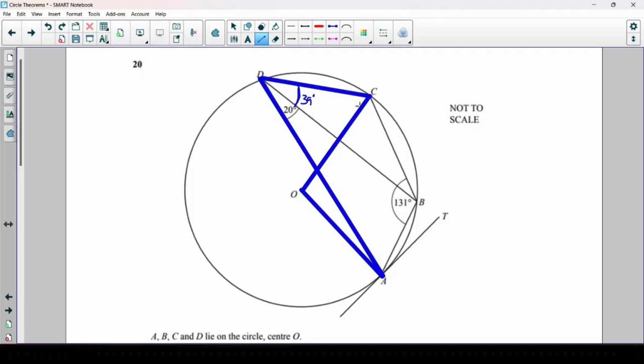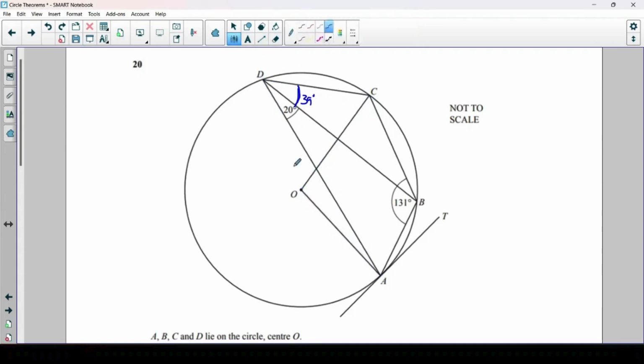So it's like that bow tie shape, but careful, this time one of them is at the centre. This one here is 59, because this one is at the centre, it's double the one at the circumference. So we're going to do 2 times 59, so 108 degrees, that one at the centre there. Did I say 108? I meant 118.